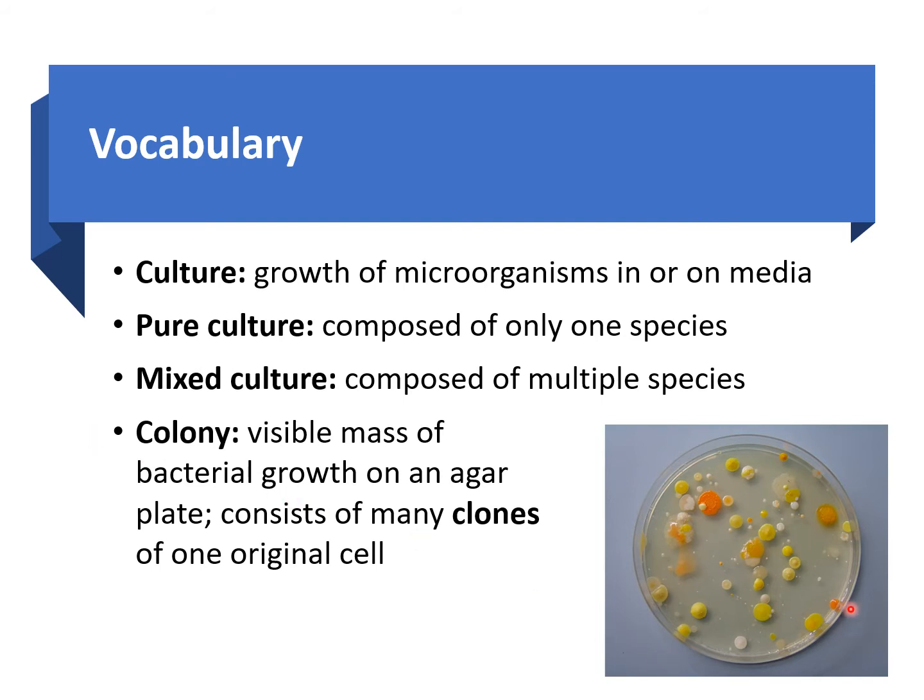Colonies are basically those visible masses of bacterial growth on your plate. You can take a look at those colonies and determine whether you are looking at a mixed culture or a pure culture, and I'll explain that in a minute. But as you can see, those are the colonies right here on your plate.